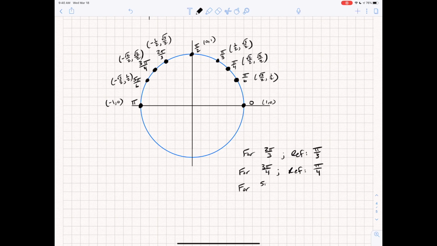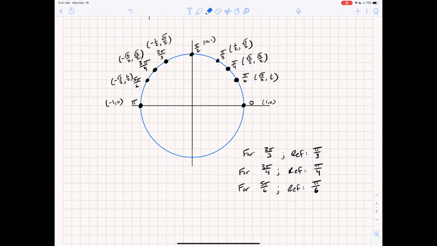For 5 pi over 6, its reference is pi over 6. Again, because of the symmetry, right? If you look at the coordinates, they sit on the same horizontal, which means they have the same x value, and it's the same distance to the origin, which means the x values have to be equal. Those coordinates are always going to be the same because we're talking about a circle. We're talking about distances, and so they've got to be equal.